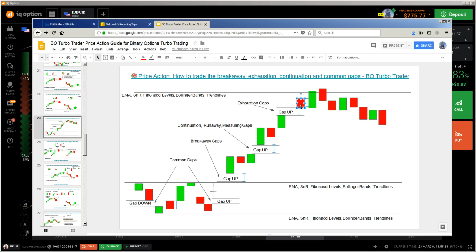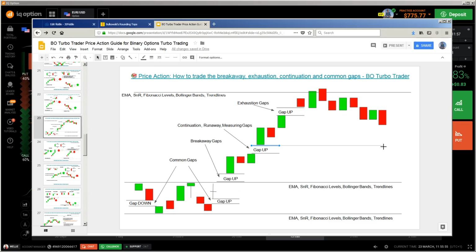The only thing you can do, and what I can recommend to you, is if you see something like a gap up or gap down, use those gaps as support and resistance areas. You can use this area of these gaps.